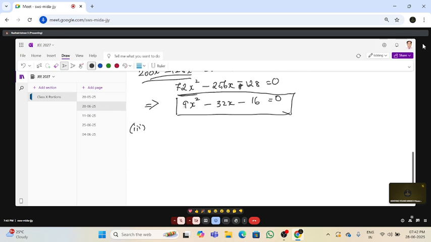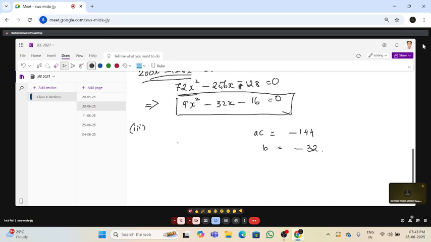You have to calculate AC first. AC is 9 into minus 16, which is minus 144. And B equal to minus 32, right?